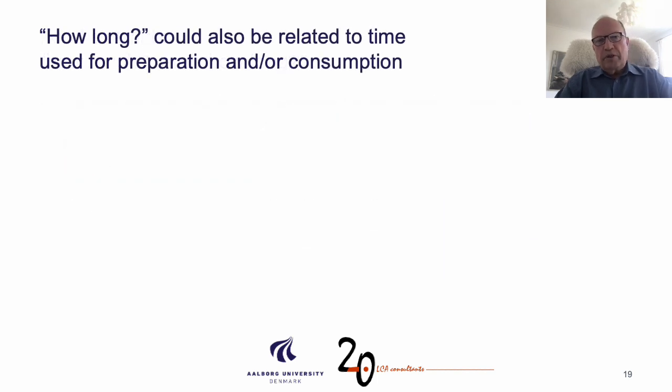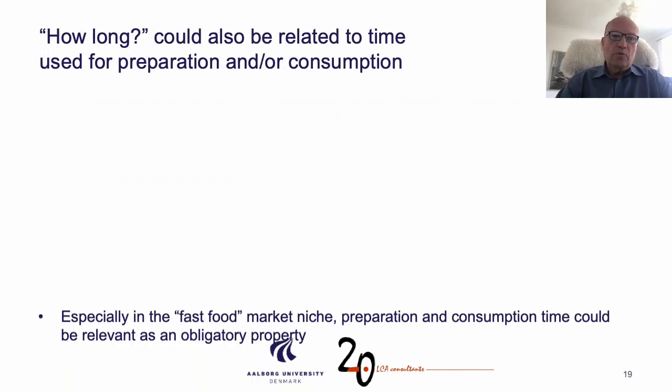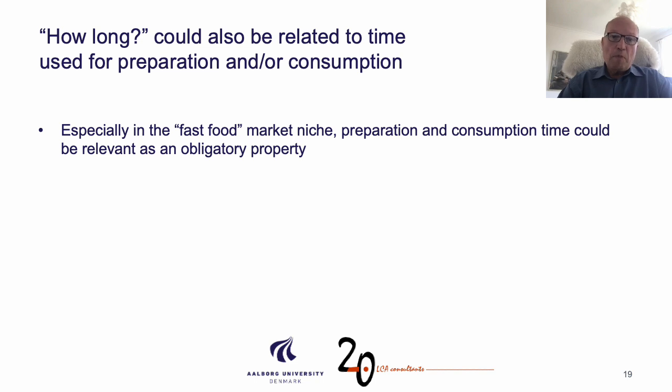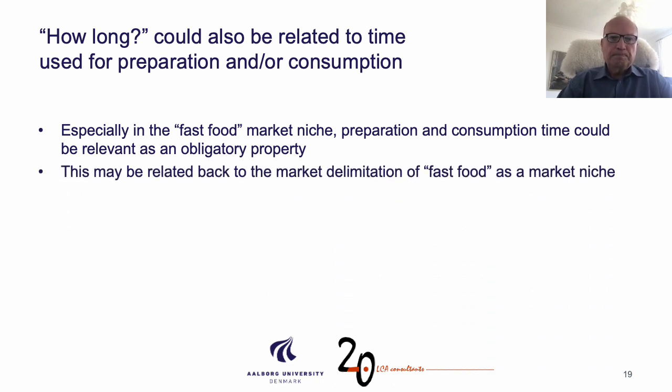How long could also be related to the time that you use for preparation or consumption, especially in the fast food market niche. This might be a relevant obligatory product property. But this actually may be related back to the market delimitation of fast food as a market niche, where this is an obligatory product property.